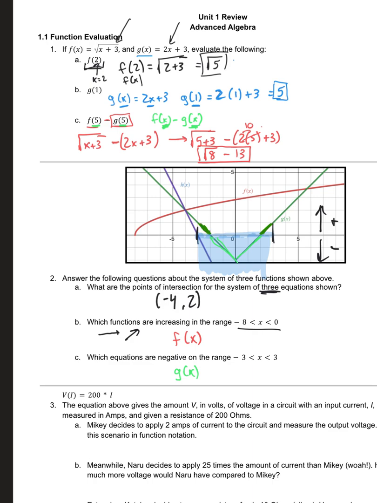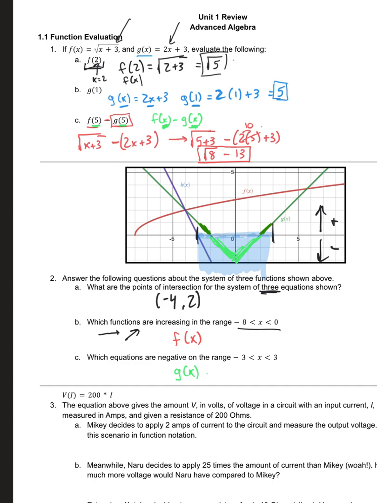Okay, so technically, g of x is negative on the light green here, but also positive on that dark green. So I think that would be true for the question. It would also be true for the question positive in that range. Okay, and then we have our purple.